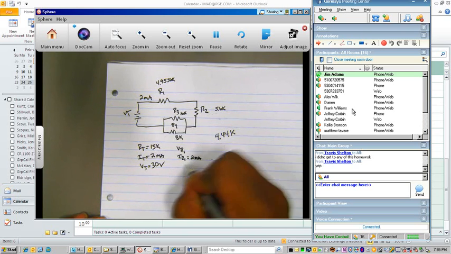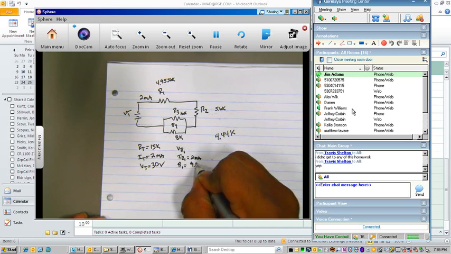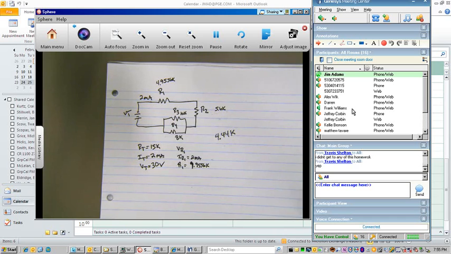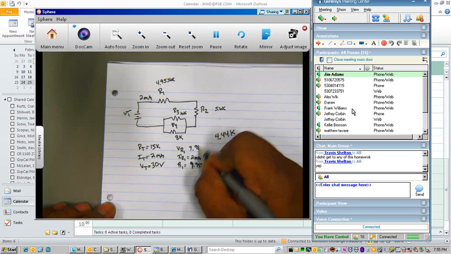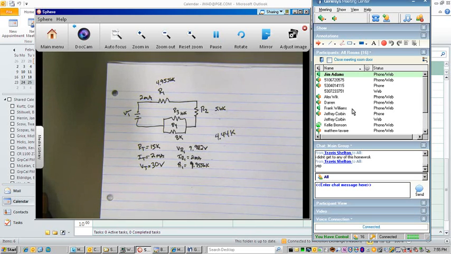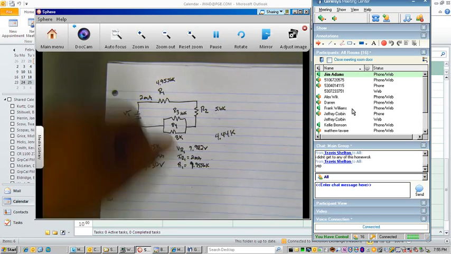And that'll give us the total resistance. I got something like 15K. And then we'll be able to find out the total voltage. Yep. So if RT is 15K and IT equals 2 milliamps, VT equals 15K times 2 milliamps. Yeah. 30 volts.